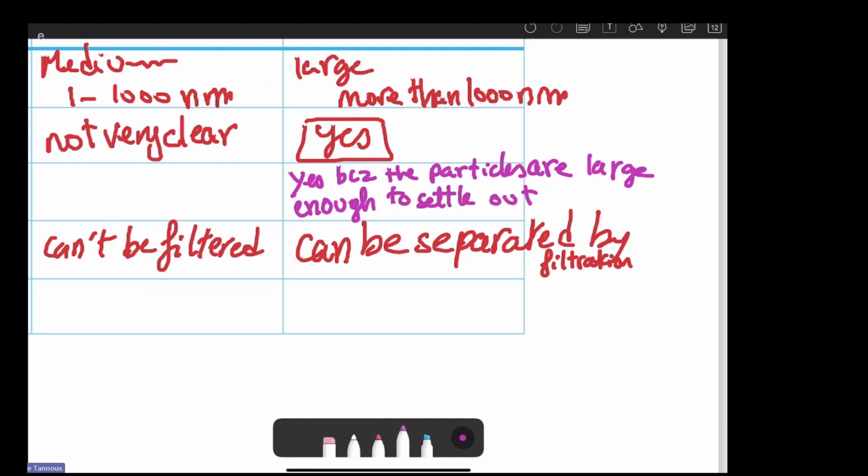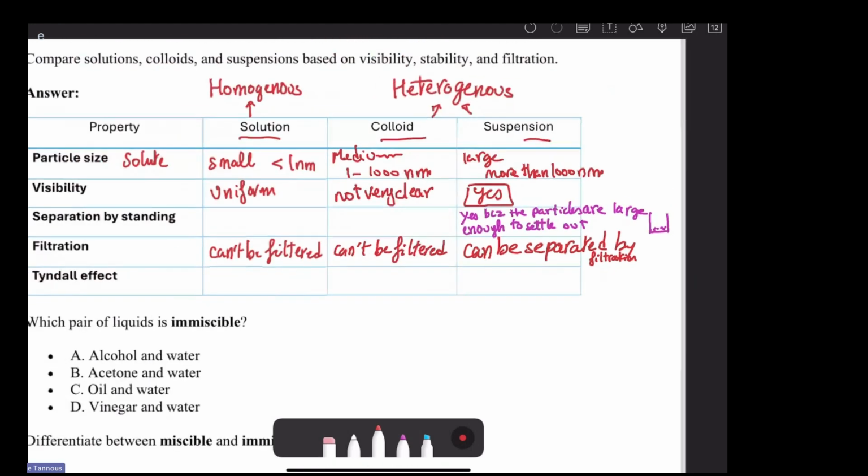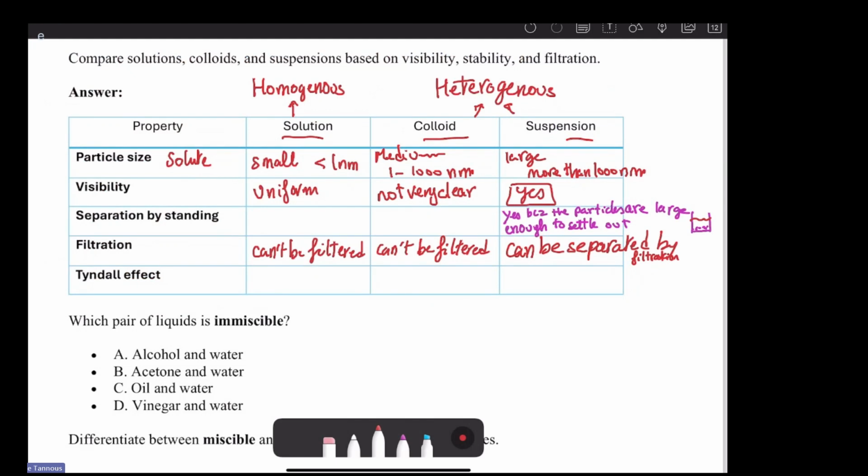Settle out, I mean to deposit at the bottom of the beaker. Yani, this is the beaker. You can see the particles settling out.